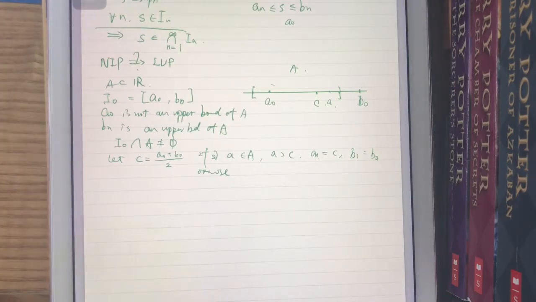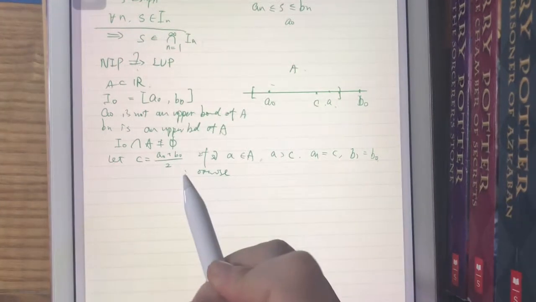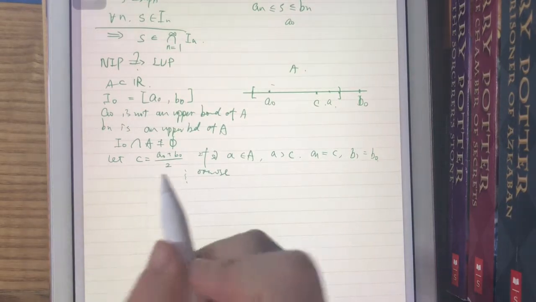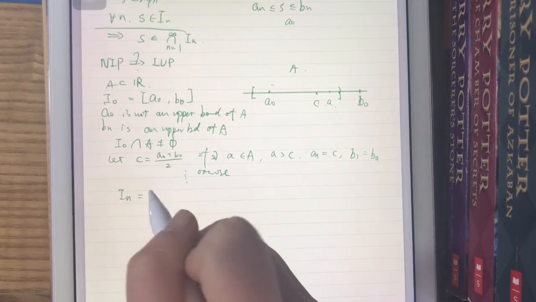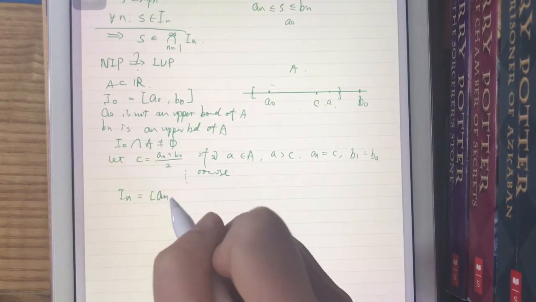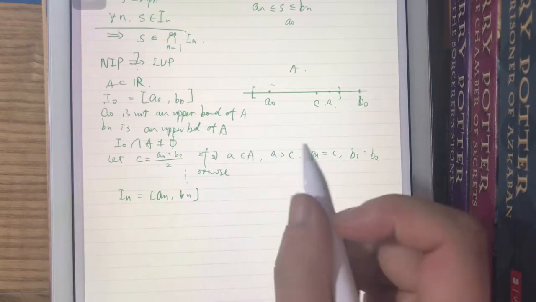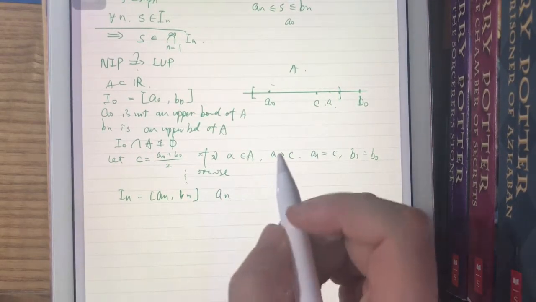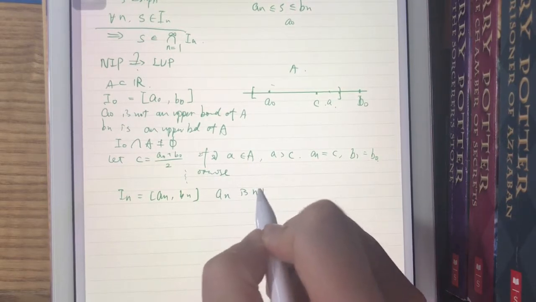Okay, so continue doing so. What will we get? The general case In will be An to Bn, right? And similarly, An will not be an upper bound, right?